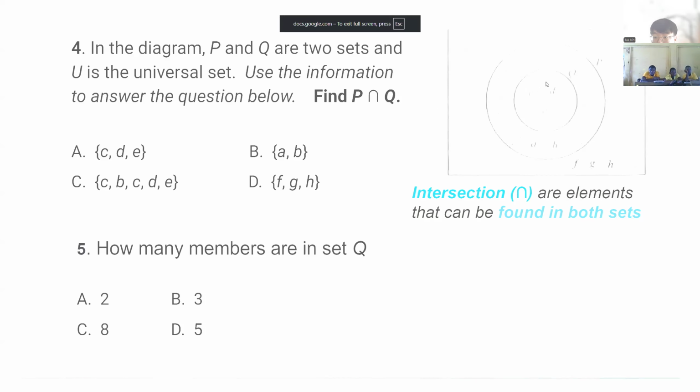Okay, so I hope you can see the diagram on the right here. And we are finding P intersection Q. And intersection means, yeah, it can be found in both sets.